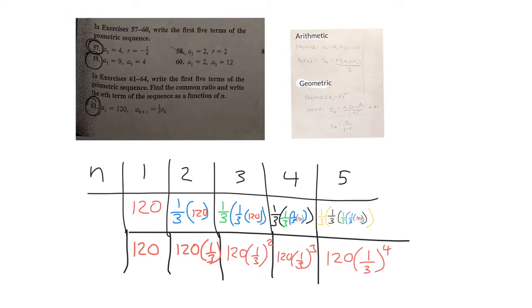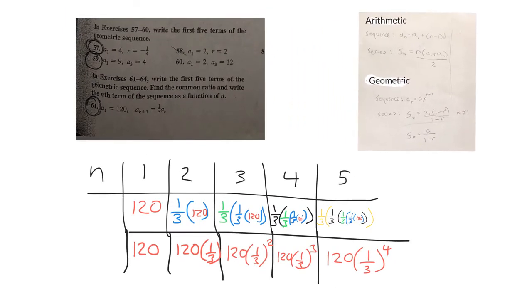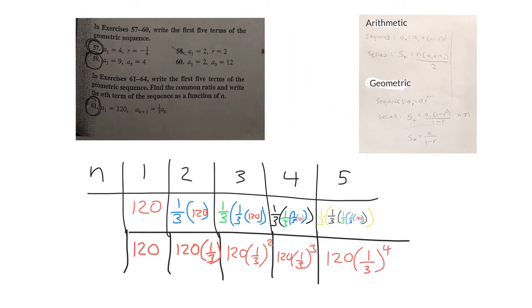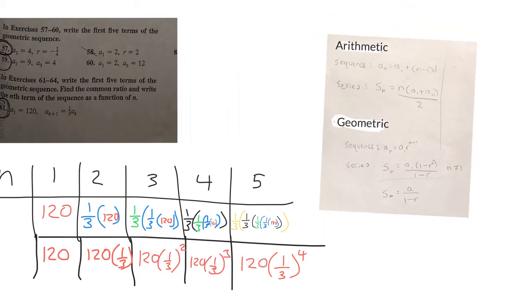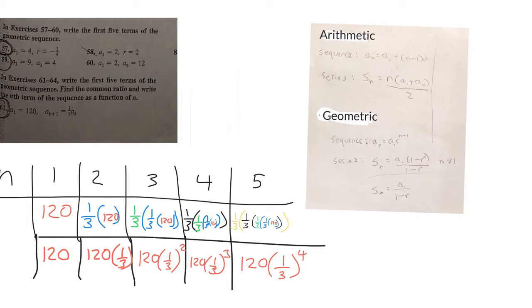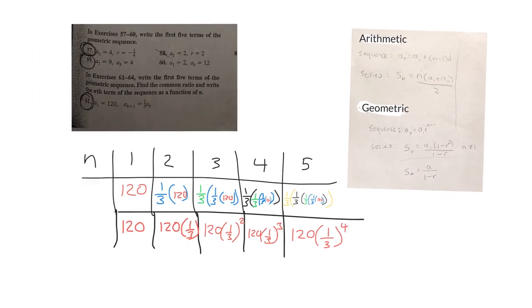So the point here is the fact that your r is very clearly 1/3, because, once again, if you look at the formula for the geometric sequence, it's going to be some number, the first term in the sequence, times some number raised to a certain power, right? Well, that's clearly what we have going on right now.